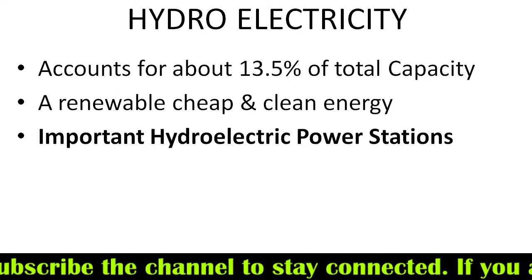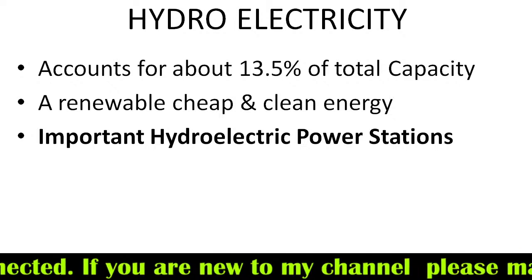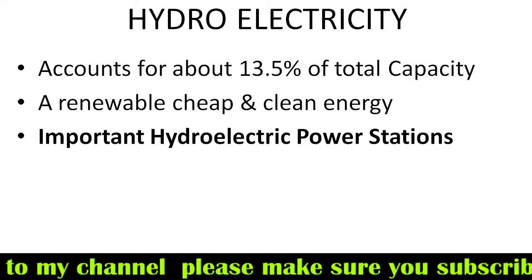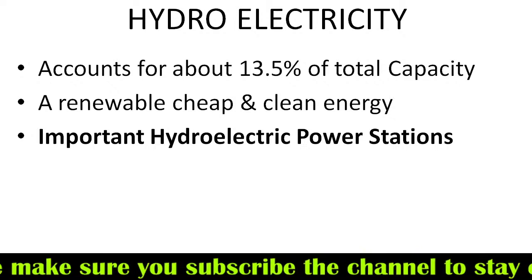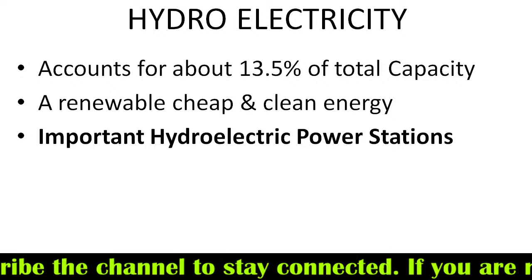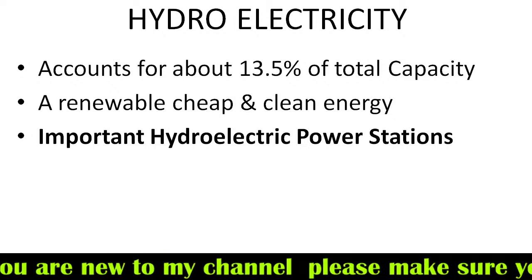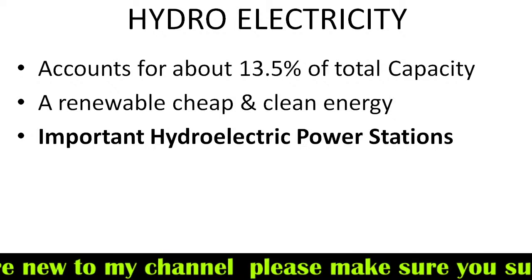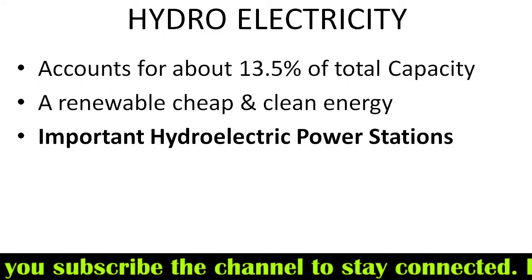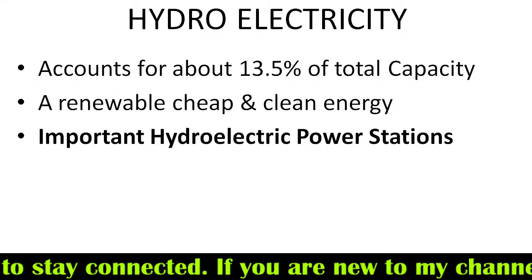Power development in India commenced with the commissioning of electrical supply in Darjeeling during 1897. You are hearing right. Power development in India commenced with the commissioning of electricity supply in Darjeeling during 1897, followed by hydel power station built at Sivasamudram in Karnataka in 1902.